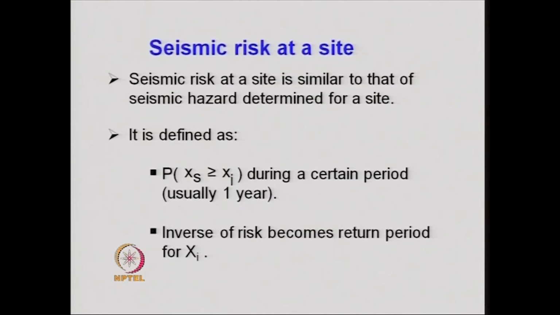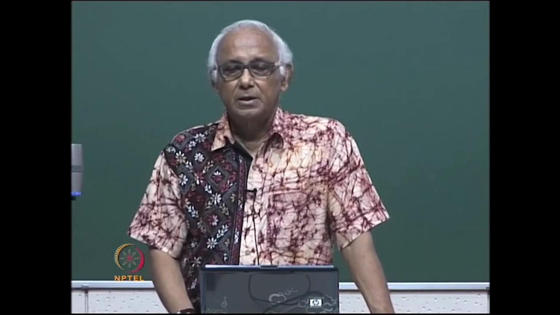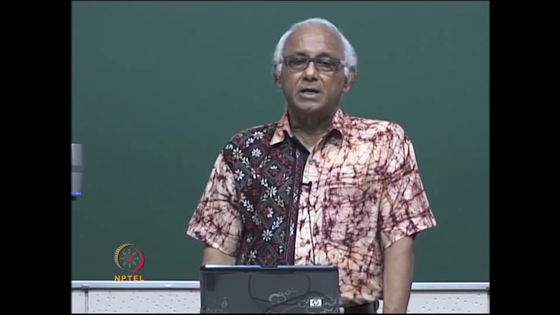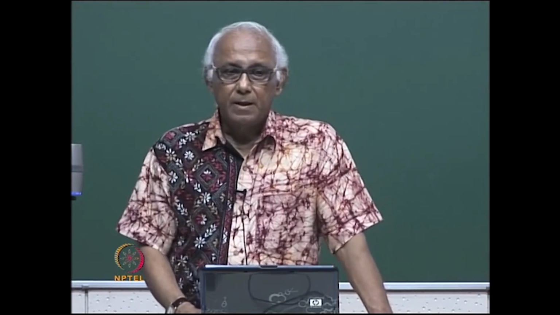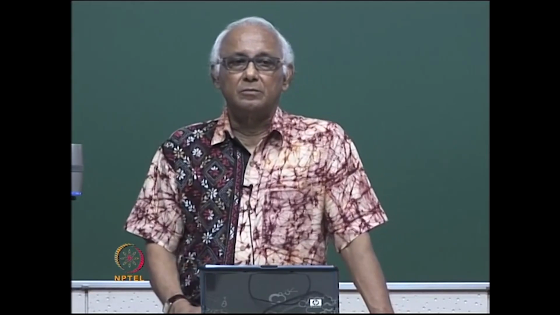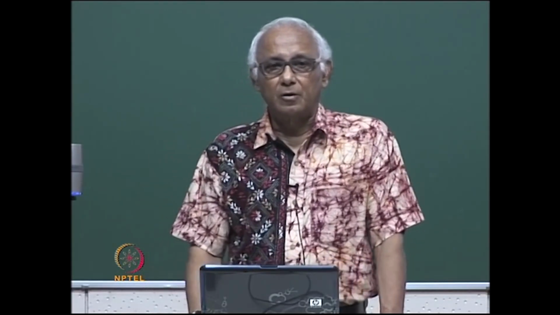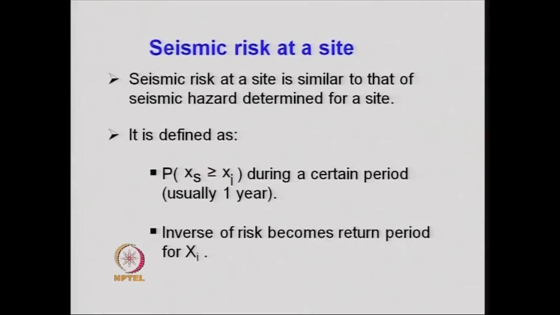So therefore, given the seismic hazard curve, one can find out the probability of occurrence of just one event and exceedance of at least one event, and given the probability of exceedance for the earthquake for a given period, one can find out the average rate of exceedance, the value of lambda that you have calculated in the second problem.